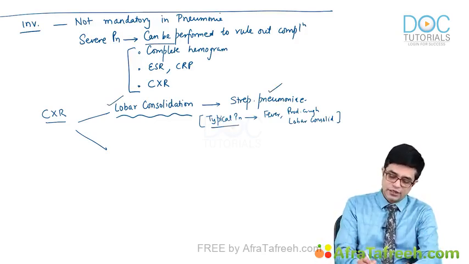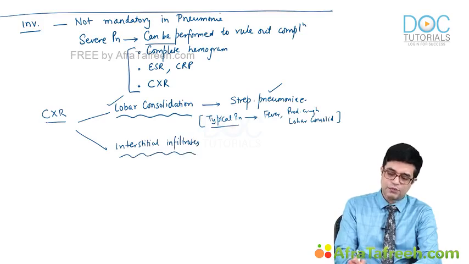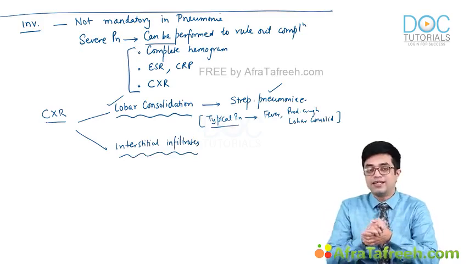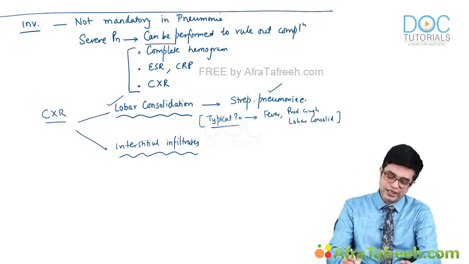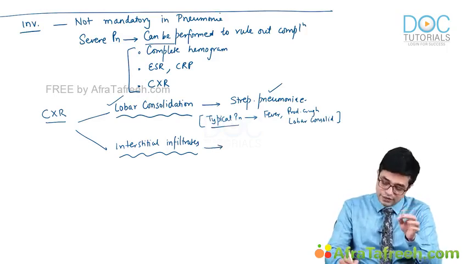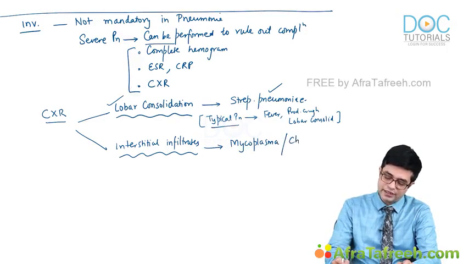Second is interstitial infiltrates. There will be diffuse, bilaterally symmetrical interstitial infiltrates more predominant in the perihilar areas. So bilaterally they will be present. Whenever you are thinking of interstitial infiltrates, think of atypical organisms like Mycoplasma or Chlamydia as the likely possibilities.